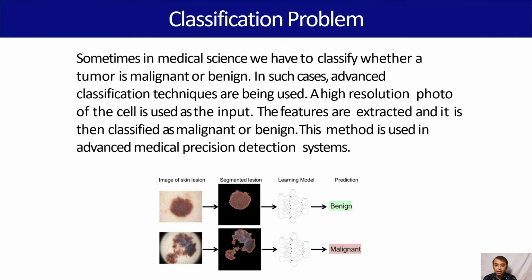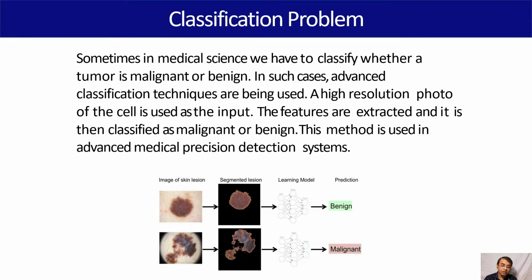A very common classification problem: sometimes in medical science we have to classify whether a tumor is malignant or benign. In such cases, advanced classification techniques are used. A high resolution photo of the cells is used as the input. The features are extracted and it is then classified as malignant or benign.